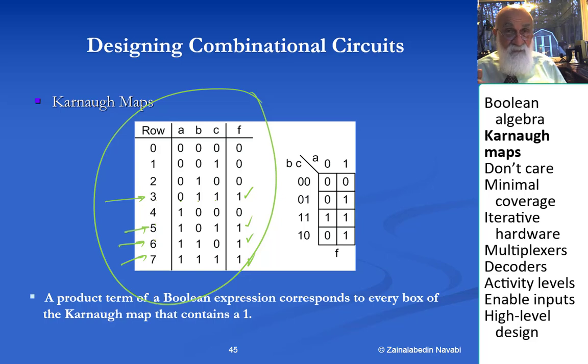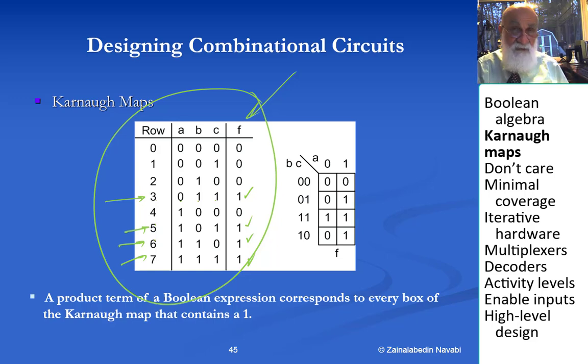Okay? Now, instead of showing my truth table, this is called the truth table. Instead of showing my function using a truth table, I use a two-dimensional table. Something like this. Okay?